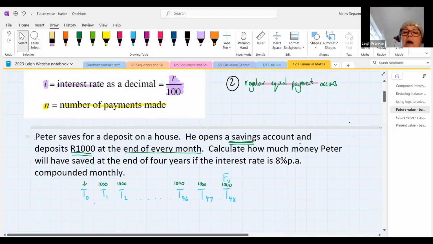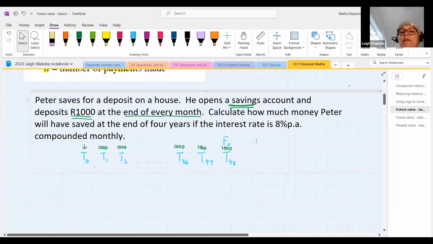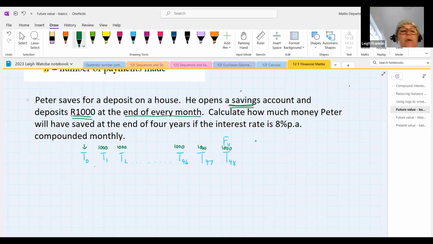How much money does he have at the end of 4 years if the interest rate is 8% per annum compounded monthly? That's another bit of important information: 8% per annum, compounded on a monthly basis.